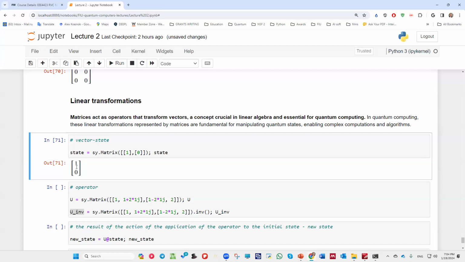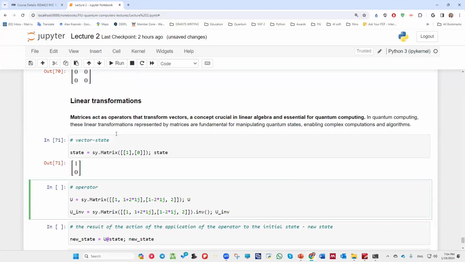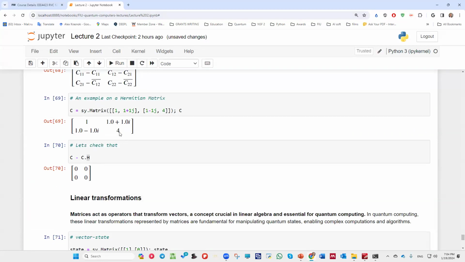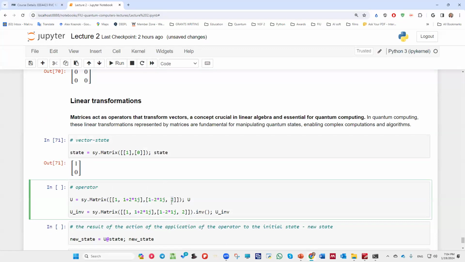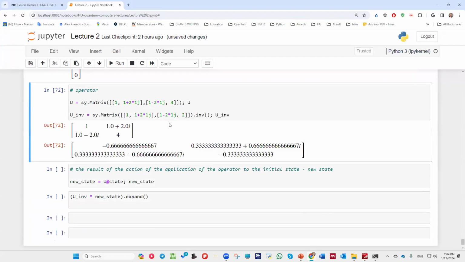For example, for the vector state 1, 0 in the two-dimensional space, I can create some sort of matrix. It's probably the same matrix as above, like this one, or maybe this 4 here. So I put 4. And I also create the inverse matrix, we will see for what. This is just some arbitrary matrix.